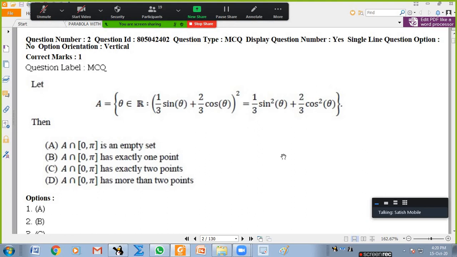Okay, I can just reframe the question. X belongs to, or theta belongs to 0 to pi, and (1/3 sine theta plus 2/3 cos theta) whole square is equal to 1/3 sine square theta plus 2/3 cos square theta.